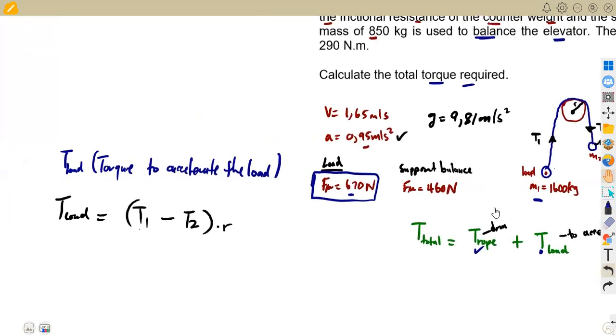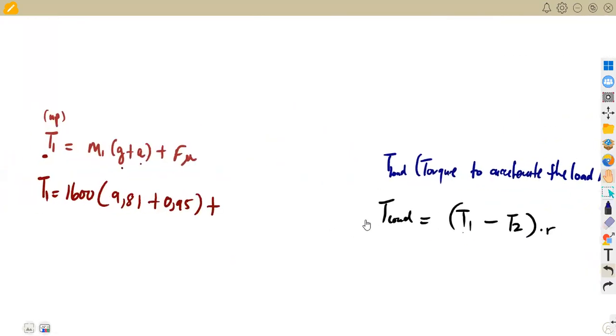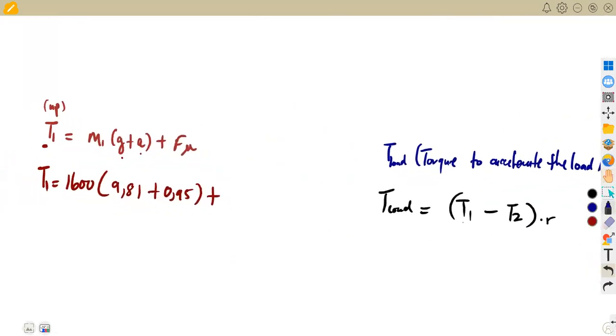So that's it. We are going to obtain T1 in this case, which is going to give us 17,886. That is the tension that is going up.